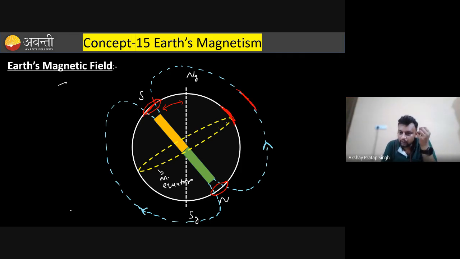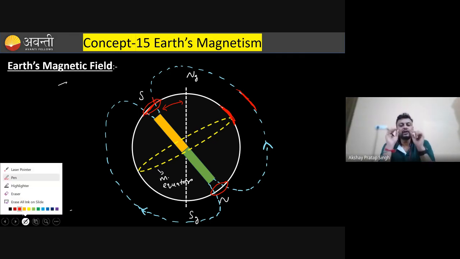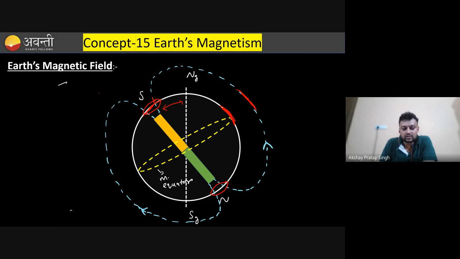And this is the equator. So what are the two punchlines? At the equator, the field is parallel to the Earth's surface. At the poles, the field is perpendicular to the Earth's surface. Can you make these two punchlines out of this discussion? One more conclusion: Earth has a bar magnet which has a north pole near the geographical south.